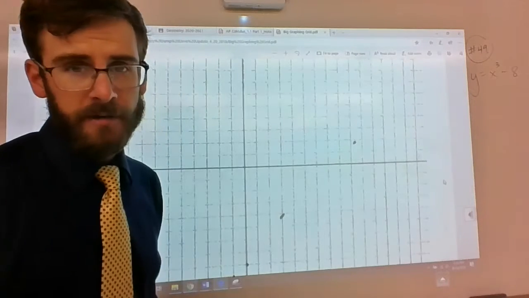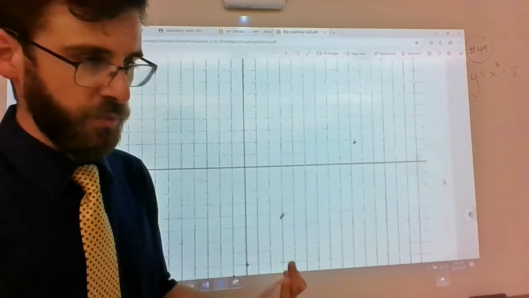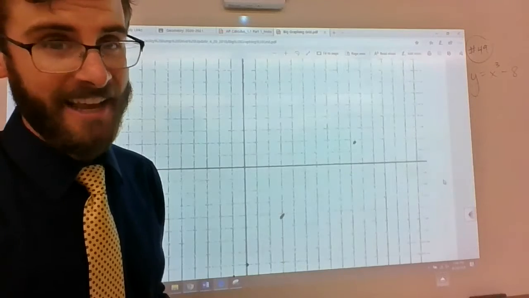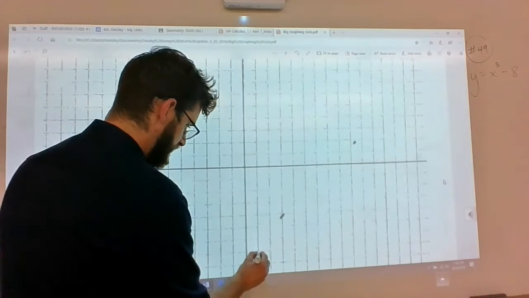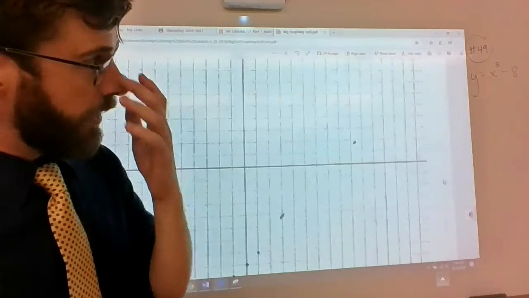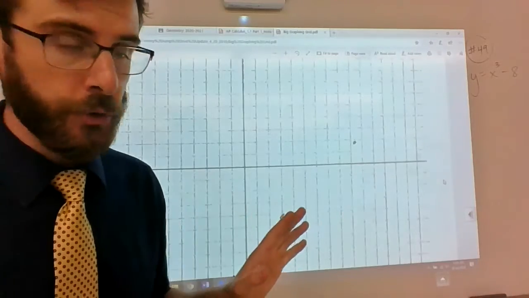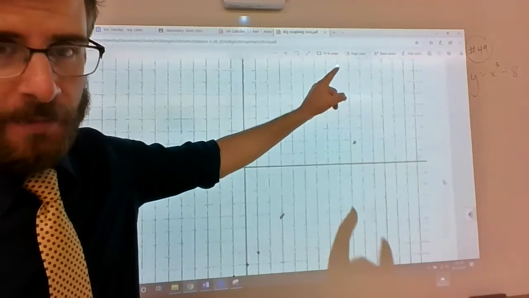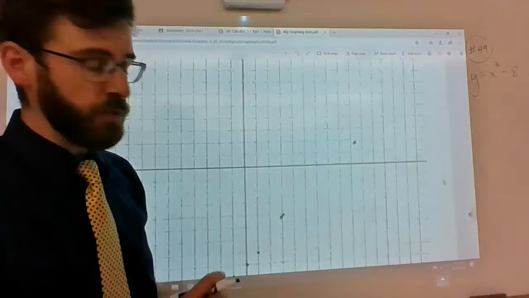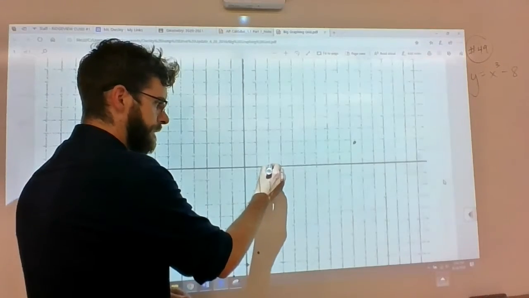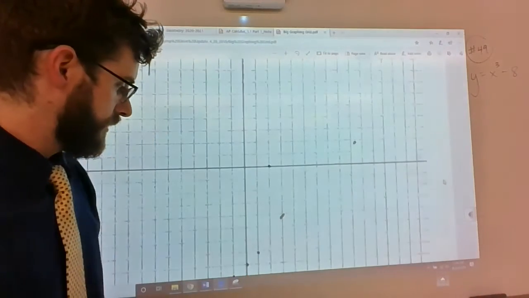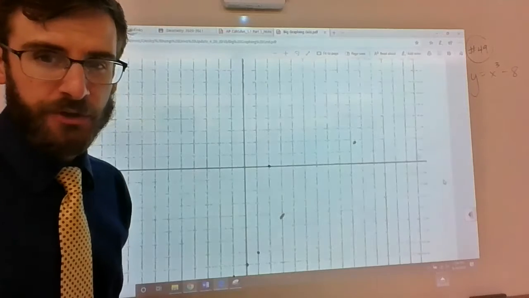And if you plug in 1, that'd be 1 cubed minus 8, which is 1 minus 8, which is -7. Now if I plugged in 2, 2 cubed is 8, 8 minus 8 is 0. So that's one of the graph's zeros.